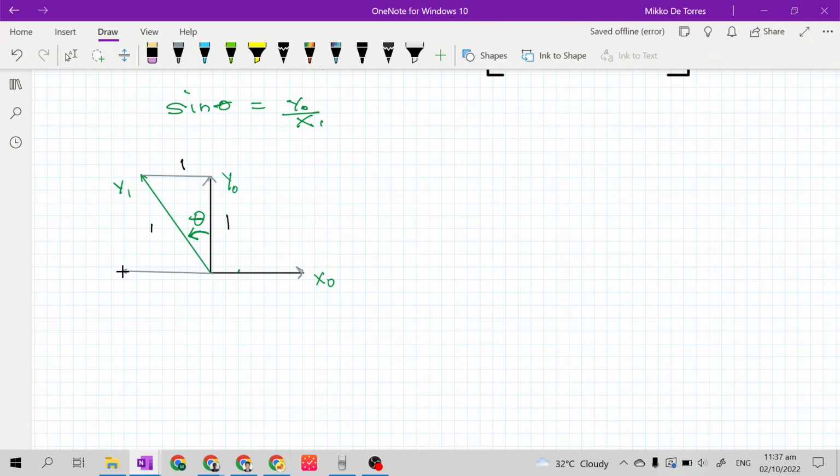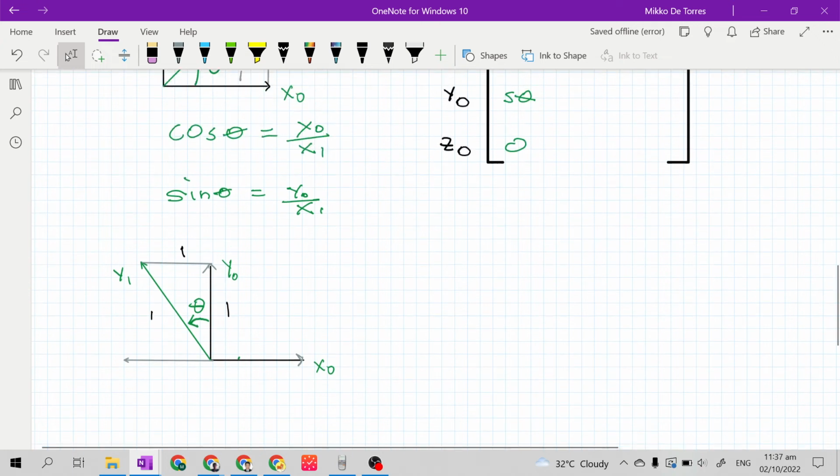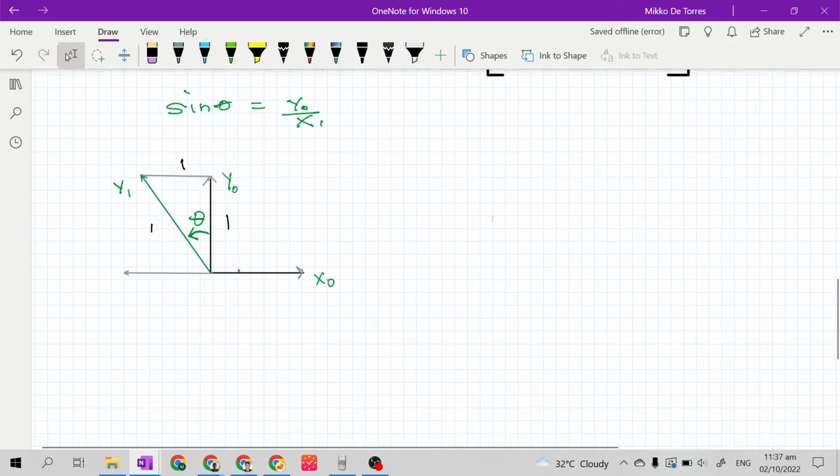So we will use here the principle we used in DH frame rules. The right side, which is x sub 0, is the positive side, and the opposite side is the negative side. So y sub 1 is at the negative side of x sub 0. So it means we will have here a negative trigo function. y sub 1 is our hypotenuse.